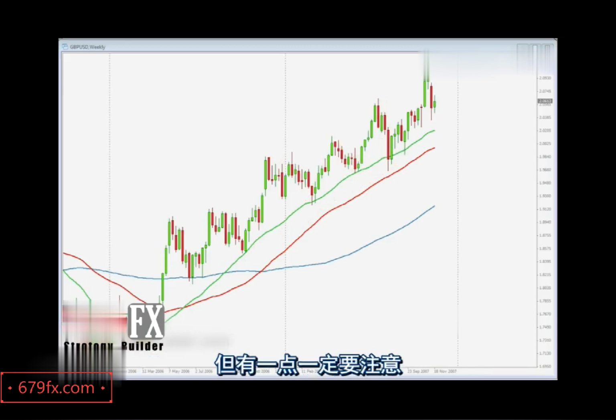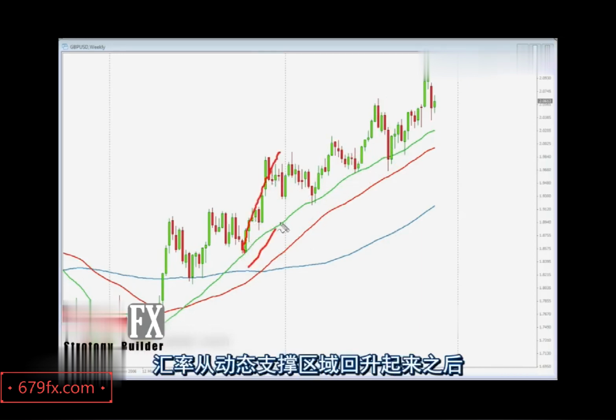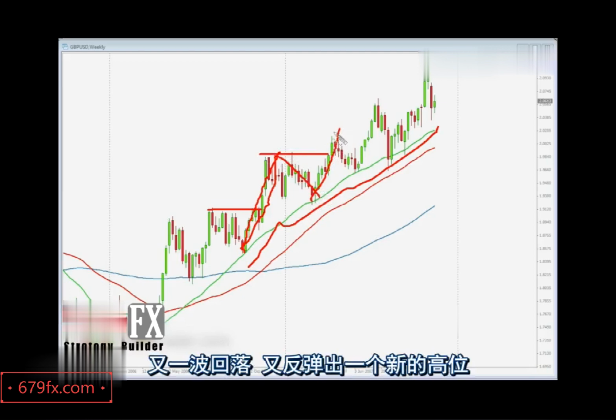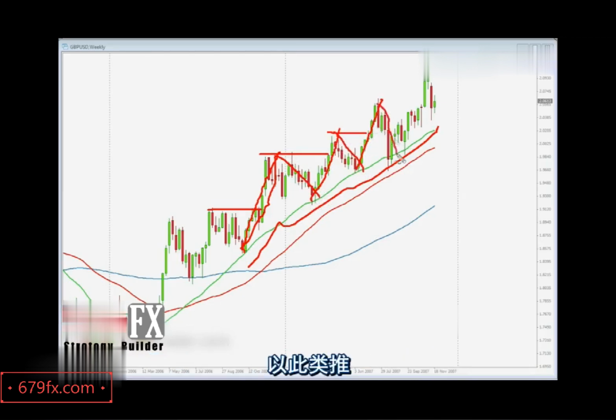It's always important to make sure that upon every bounce off the dynamic area of support, we score new highs. We breach the previous high, then we have a retracement, we bounce off that area and we score a new high. Another retracement, off it goes, scoring a new high.